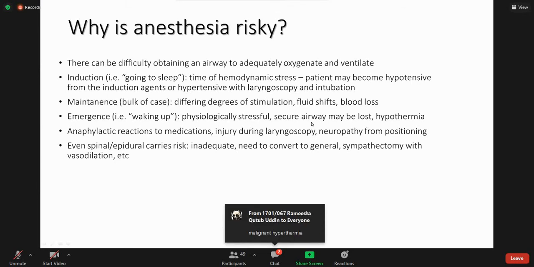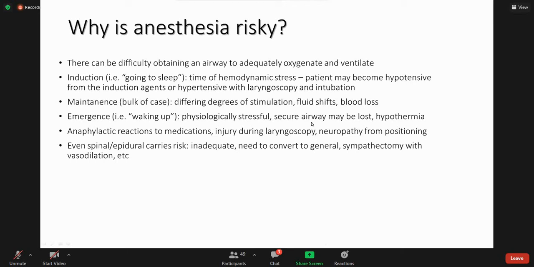So basically, it depends what kind of anesthesia we are giving here. If we are giving general anesthesia, there are certain risks of general anesthesia. If we are giving spinal or regional anesthesia, there are risks associated with them as well. Difficulty to oxygenate the patient and difficulty to ventilate the patient can become a life-threatening scenario, and the patient can die on the table.